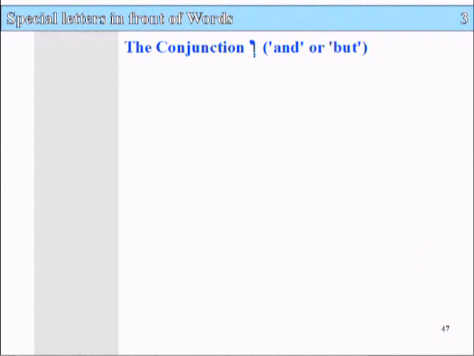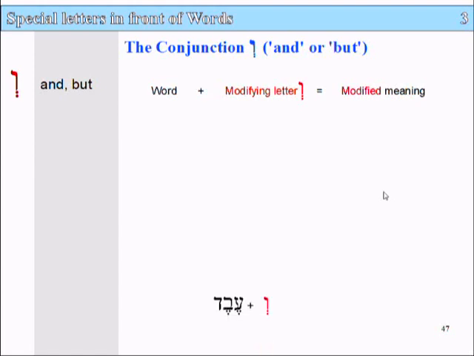Slide 47, Lesson 3, Special letters in front of words, the conjunction vav, which means and or but. When we add the letter vav in front of a word, we mean and something or other.